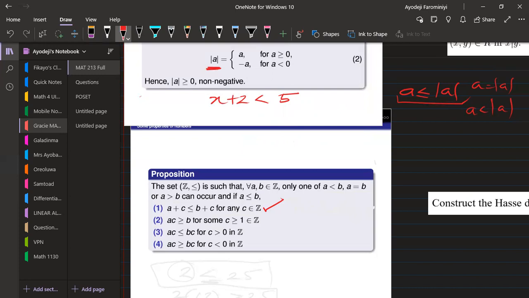X less than 3. What if I do like this? What would be the answer?